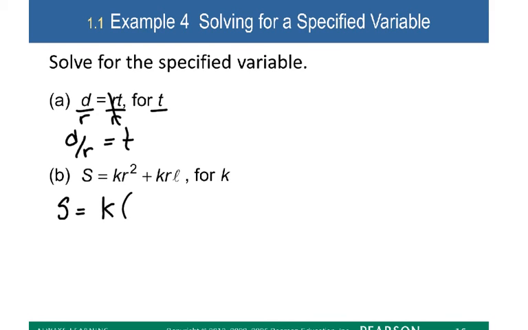So taking out a k, when we factor, the rest of it goes in parentheses. When we factor out a k from this first term, we're left with r squared. So write that down.